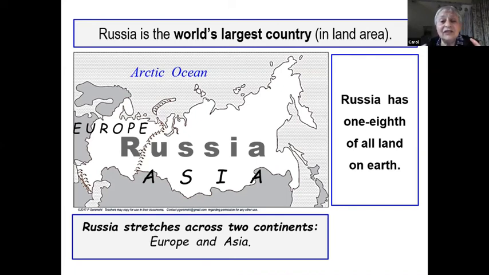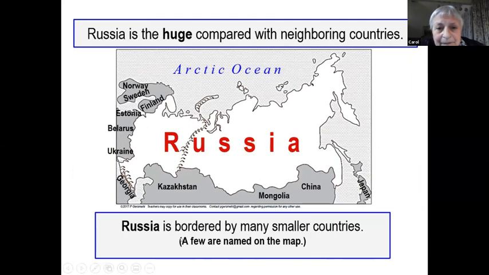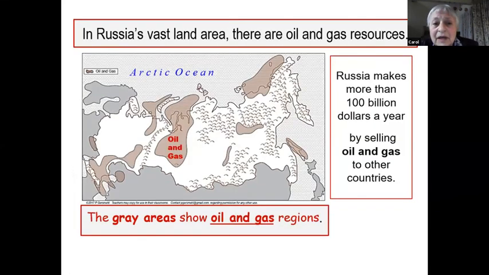Russia extends across part of Europe and then all the way over to the east in Asia. It's surrounded by many other smaller countries. I put some of the names on there. China is important, China is large, but no other country in the world is as big as Russia.